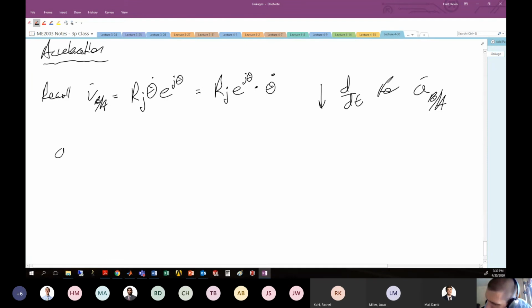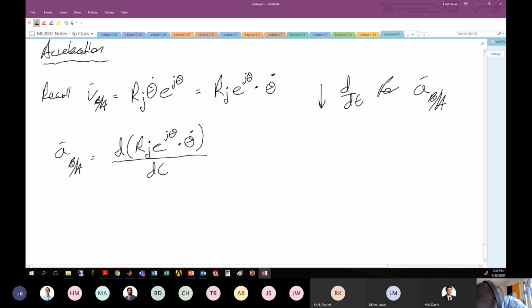If we do that, the acceleration of B relative to A is equal to the derivative with respect to time of r j e to the j theta times theta dot. All right, so let's do this.